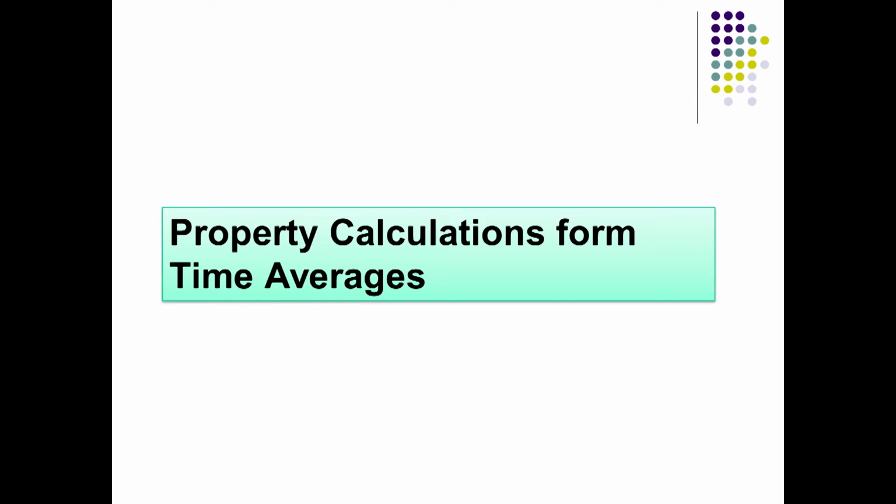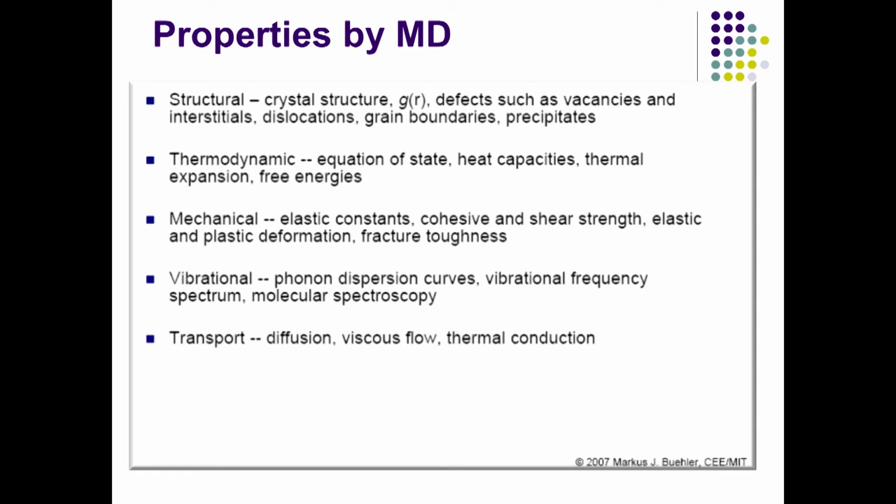So, now we looked at the property calculation from the time average perspective, and we looked at structural properties, thermodynamic properties, mechanical properties, and now we are getting into dynamic properties, which are essentially mean square displacement, which we looked at, and also now vibrational properties.